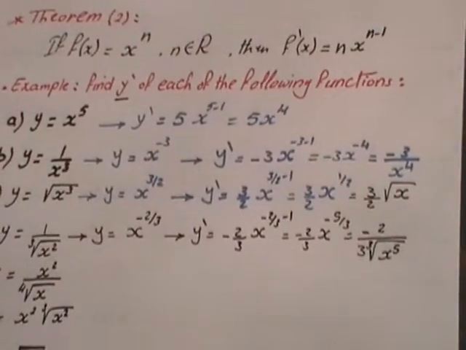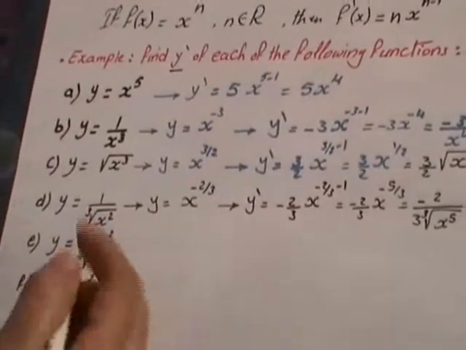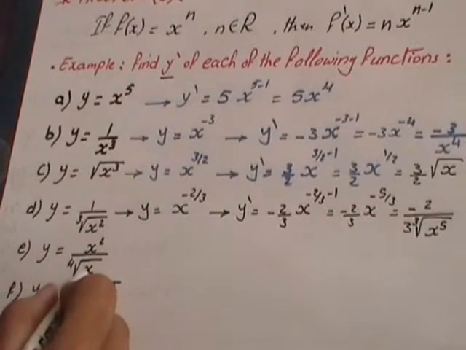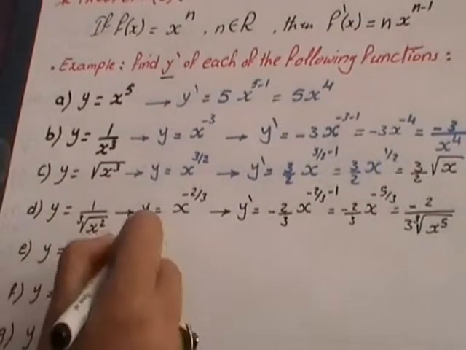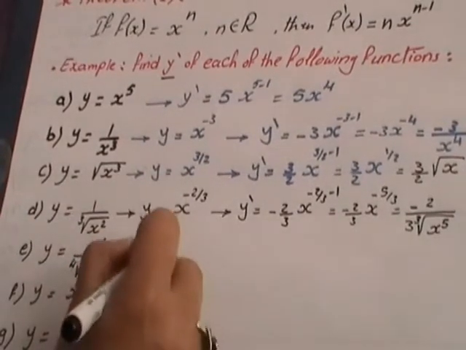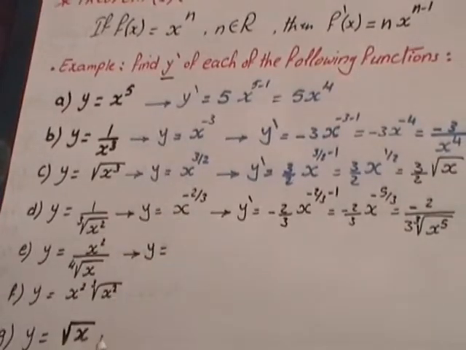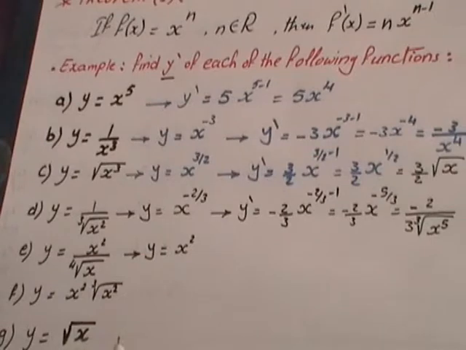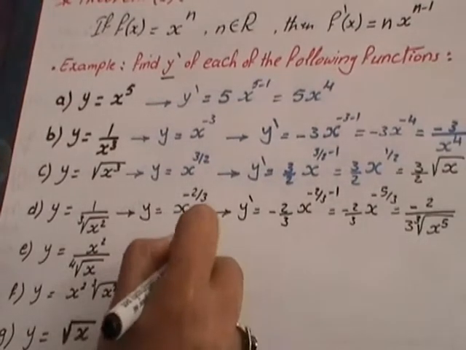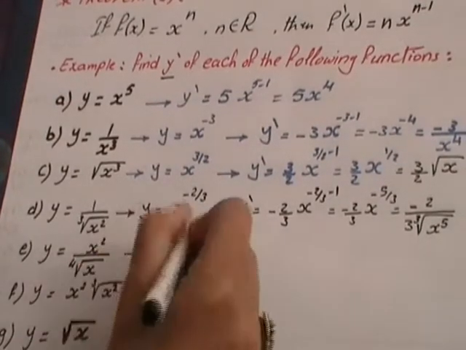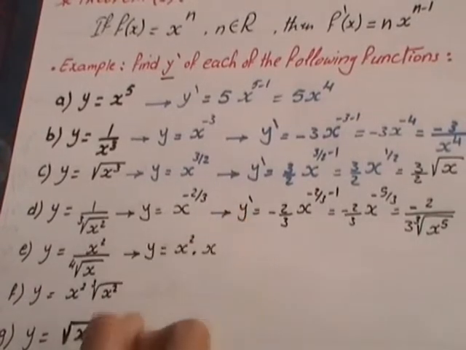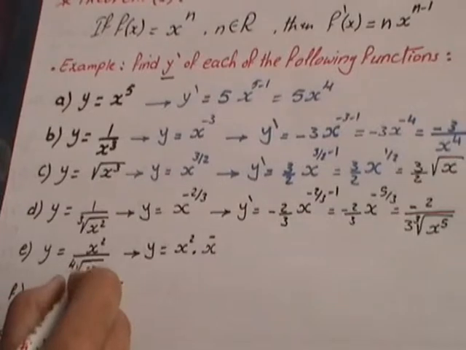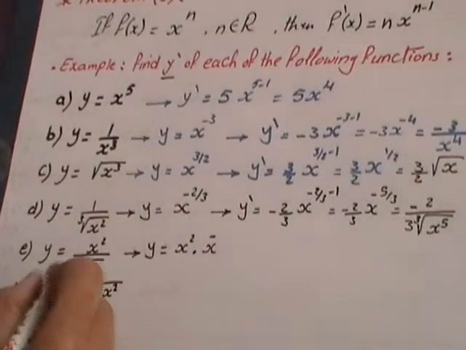Okay, let's see another example. Y equals x power 2 over the fourth root of 2x. We put it in the simplest form. Y will be equal to x power 2, which is in the denominator, multiplied by x power negative 1 over 4: the inner power 1 and the outer power 4.